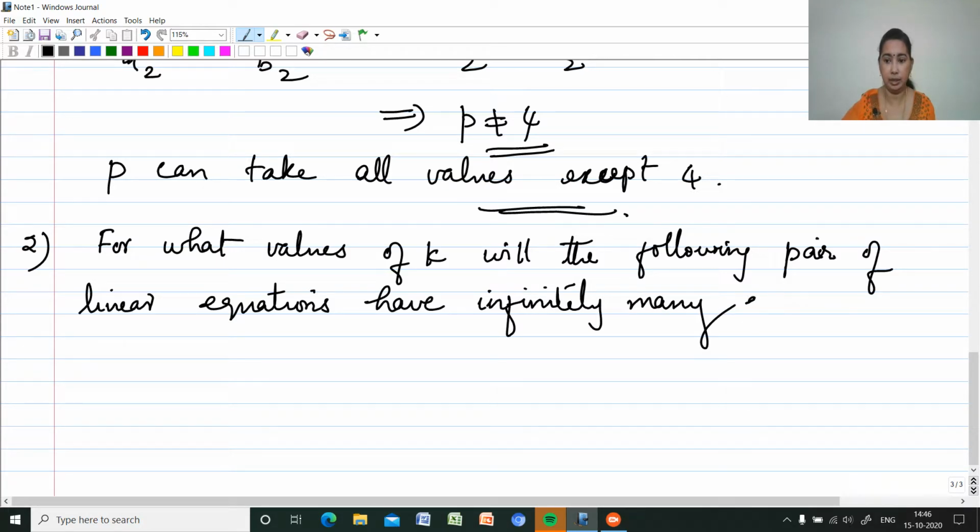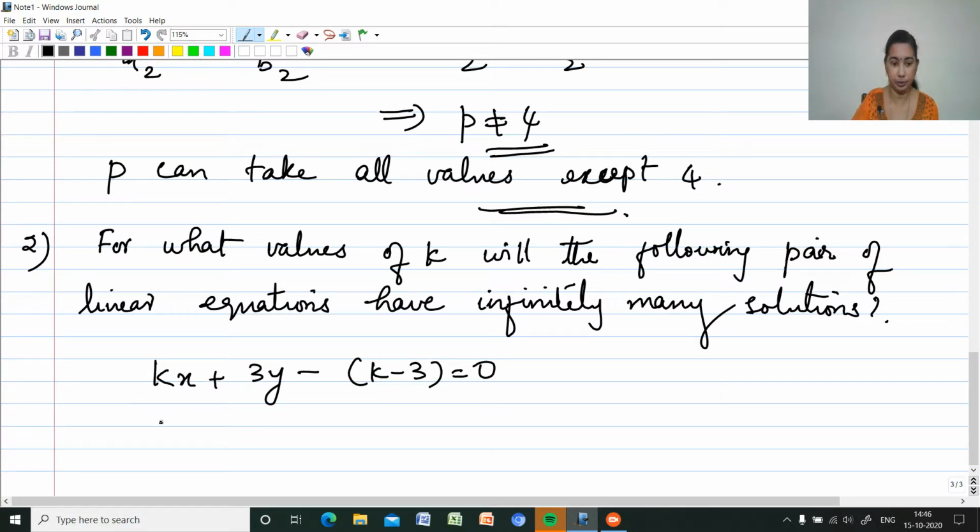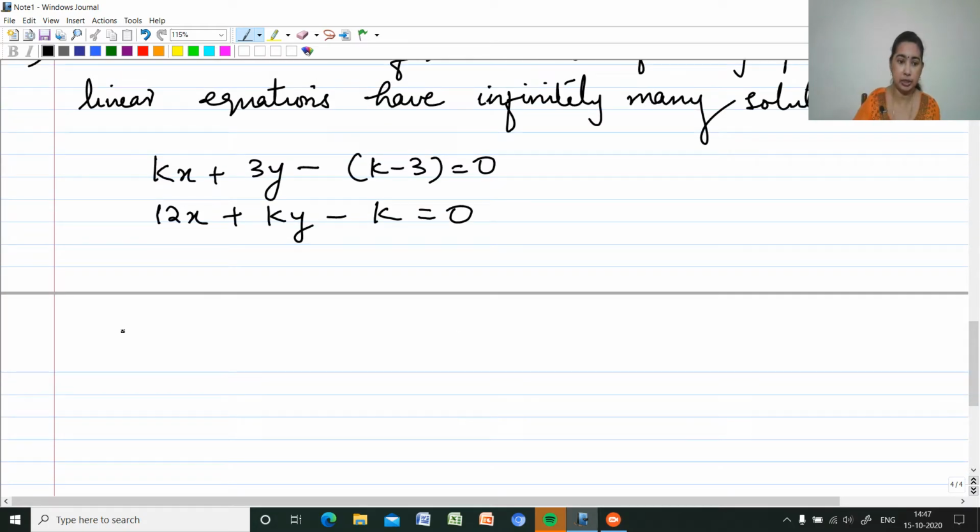The equations are kx plus 3y minus (k minus 3) equal to 0, and 2x plus ky minus k equal to 0. We have to check for which values of k this pair of linear equations has infinitely many solutions. So what is the condition for infinitely many solutions? a1 by a2 is equal to b1 by b2 is equal to c1 by c2.